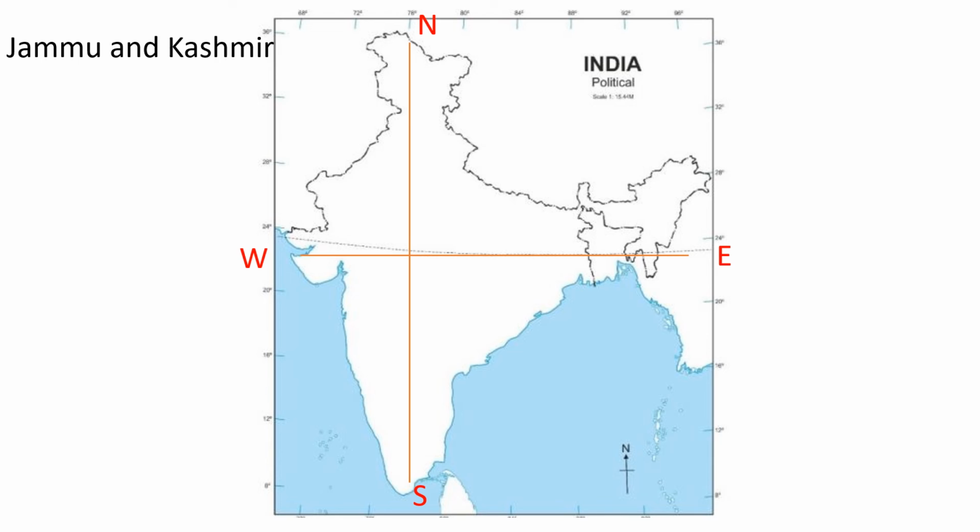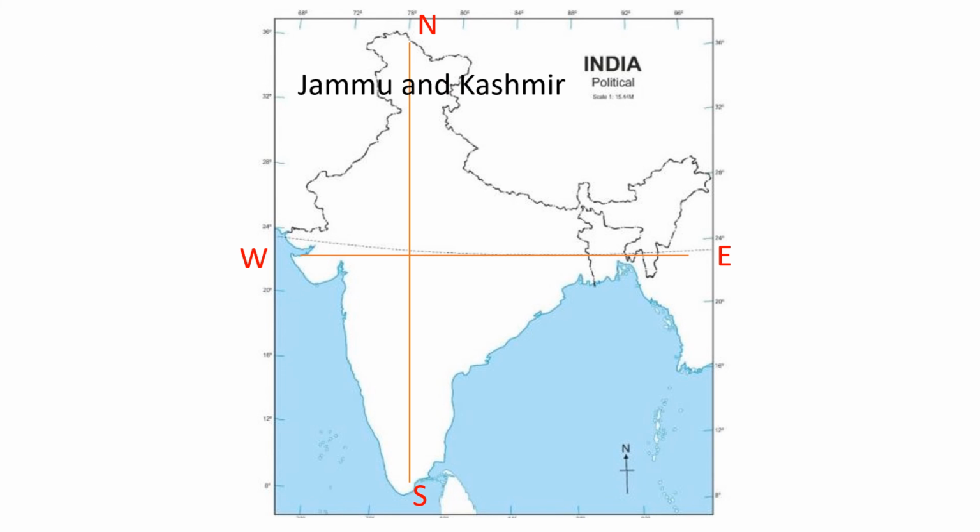Jammu and Kashmir. Where is Jammu and Kashmir? In which part of India does it lie? In the north of India. Bay of Bengal. Where does the Bay of Bengal lie? To the east of India. Tamil Nadu.